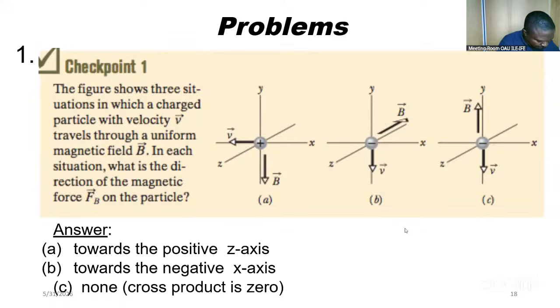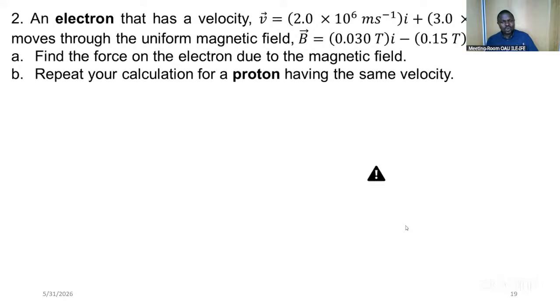Okay, before I release you, let's try this simple example. Look at the question on the slide. An electron. If I ask you, the charge on an electron, is it positive or negative? I know my student wants to say negative. Yes, you say it's negative.